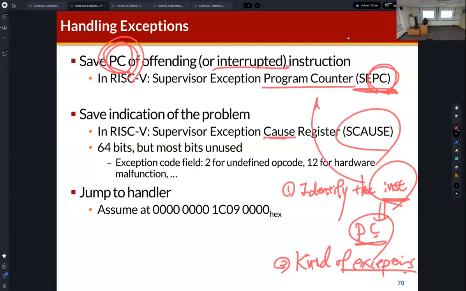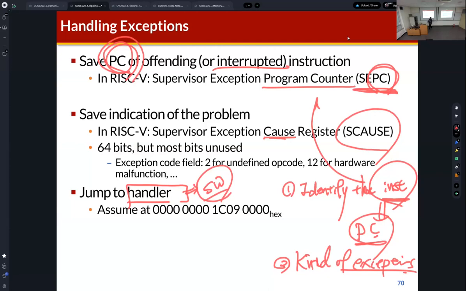Also, the handler needs to be called. When the exception is detected, the handler, which is a kind of software, handles the exception.